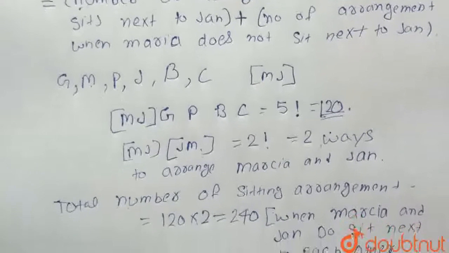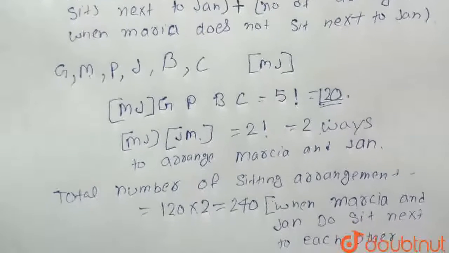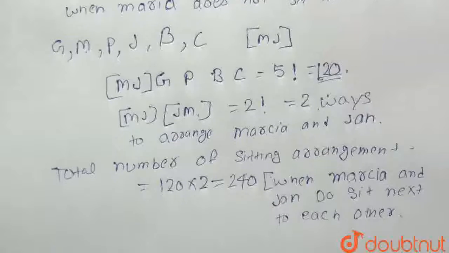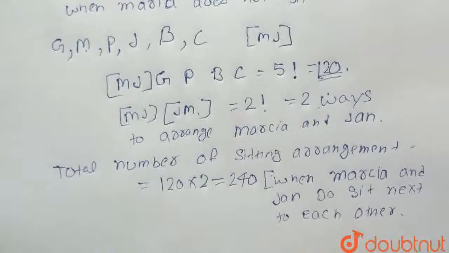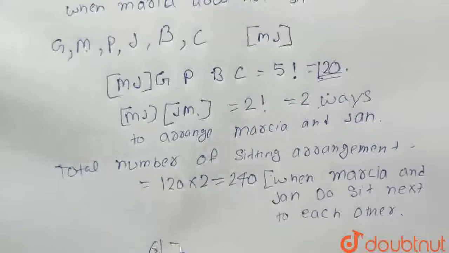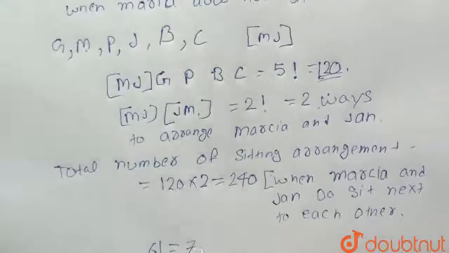Since there are 6 people being arranged, the total number of possible arrangements is 6 factorial, which is equal to 720.